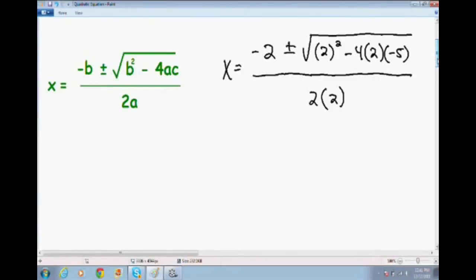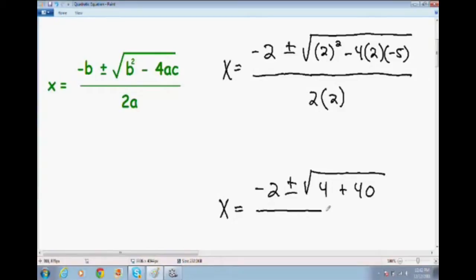The first thing I'm going to do is simplify the square root, and write everything else exactly the same. Inside the square root, 2 squared is just 4. Then we have a -4 multiplied by 2, which is -8, and -8 multiplied by -5 is +40.